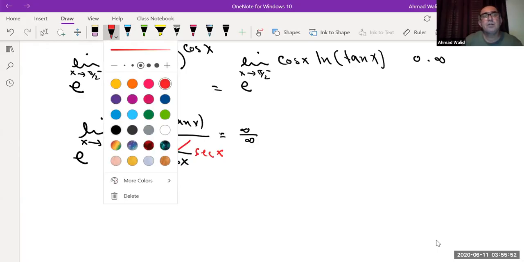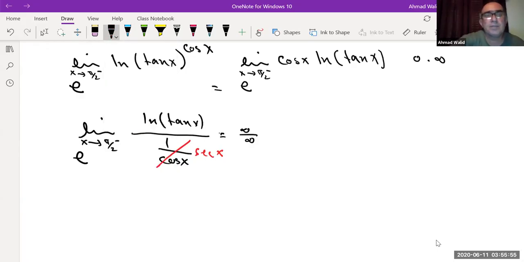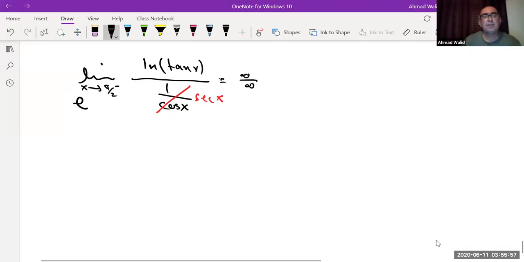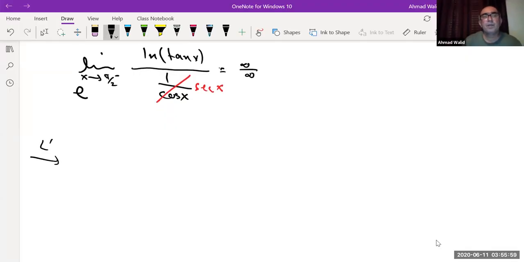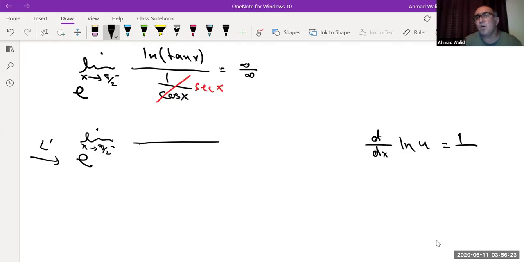Now, let's apply L'Hopital's rule for our limit. Then e to the power of limit as x approaches pi over 2 from the left. What is the derivative of ln u? Remember, I gave you a formula: d over dx of ln u equals 1 over u times du/dx, right?